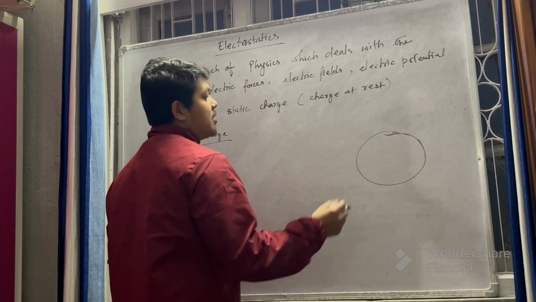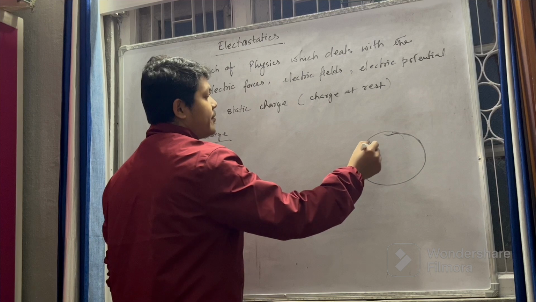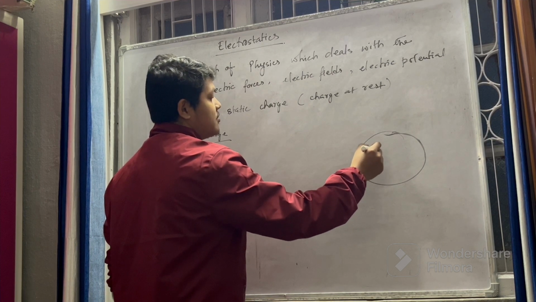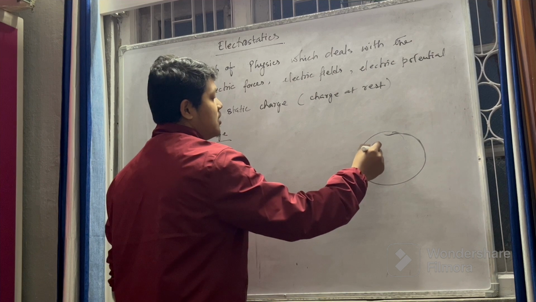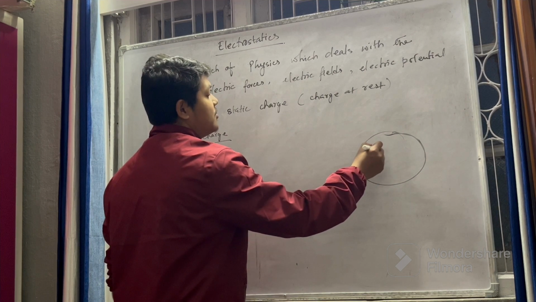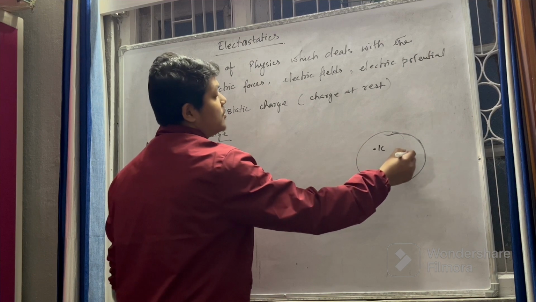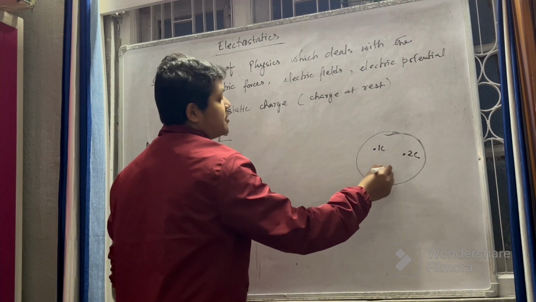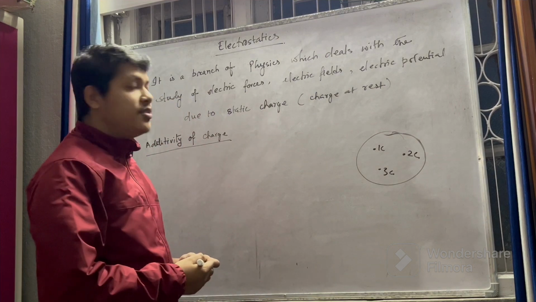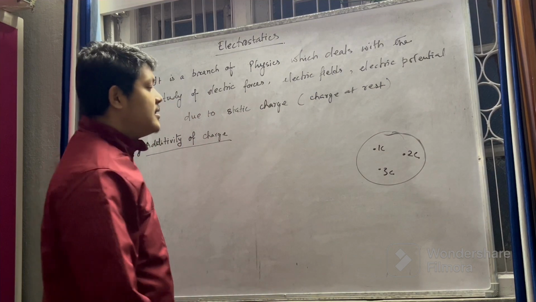Suppose different charges are distributed in different regions of this body. Here you see we have 1 coulomb charge here, 2 coulomb charge here, and 3 coulomb charge here. Coulomb is the SI unit of charge. You have already got this in class 10, I think, right?